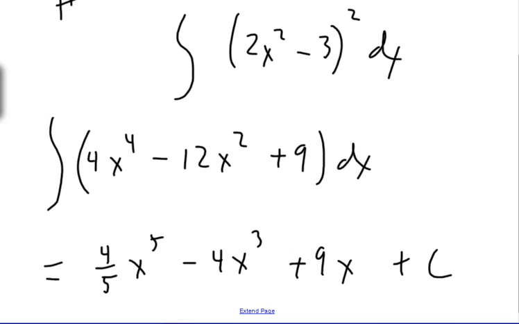How did you get the 4x cubed? Well, I had minus 12x cubed divided by 3, and 3 goes into 12 4 times, so I put down a 4. Why didn't you just make it minus 12x to the 3rd over? You skipped a step. Why would I want to do that? I could see it coming, so I put a minus 4 there.